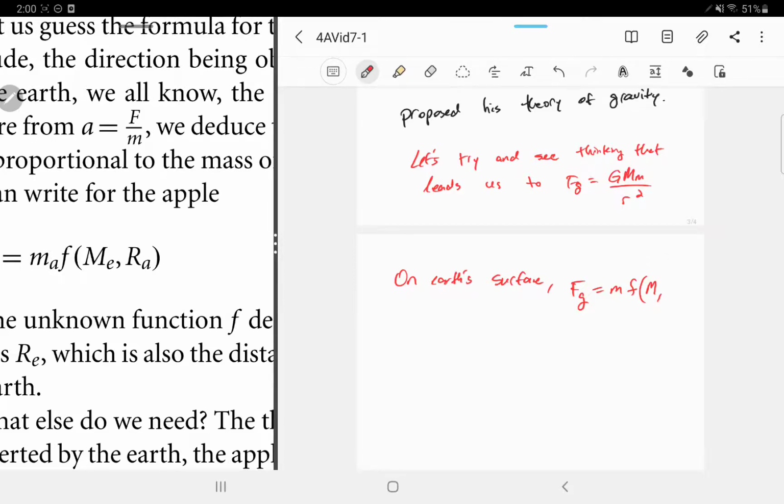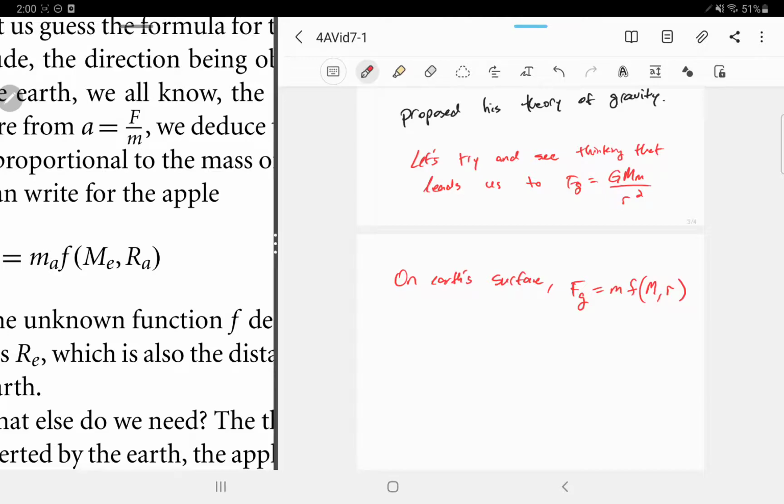If this formula is also going to describe the moon going around the Earth, it depends on the mass of the moon, the mass of the Earth, and the only other thing it could depend on is the distance between the Earth and the moon. What else would there be for this function to depend on? So we also have some distance there.